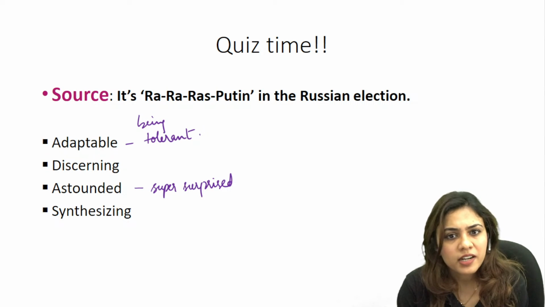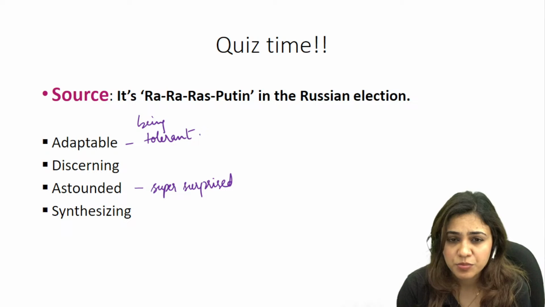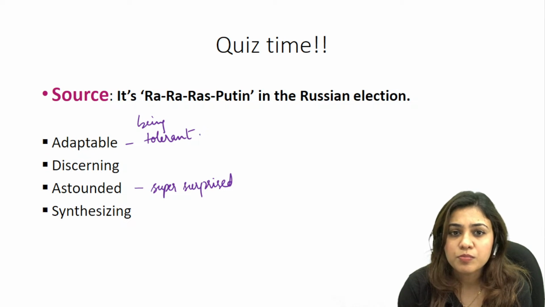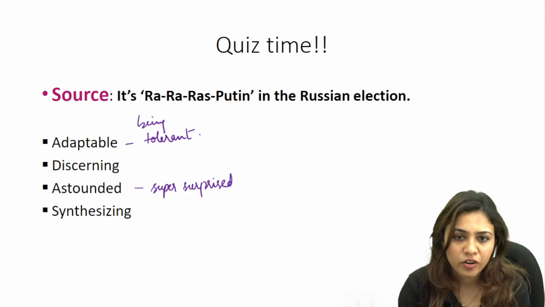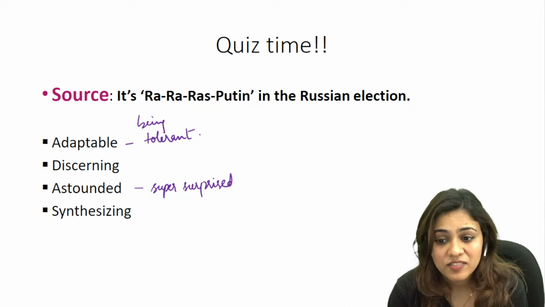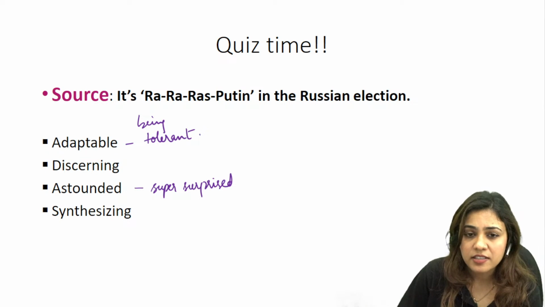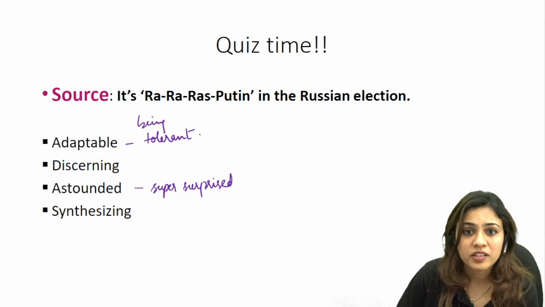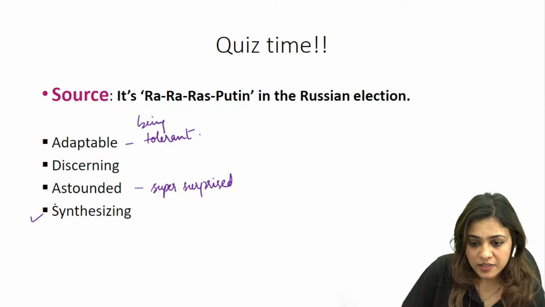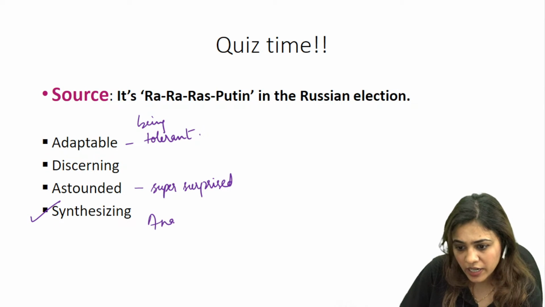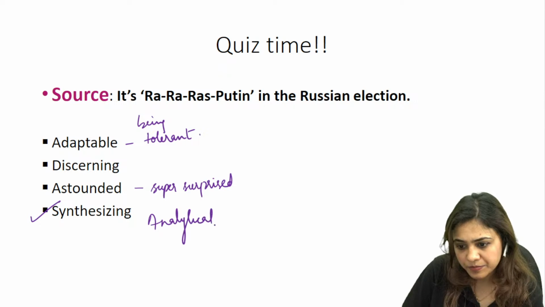So आपको बहुत सारे different tones दिखेंगी एक passage में. But the tone which is most dominant is basically your answer. ठीक है? So the answer is actually synthesizing, which is analytical, because we get to know about the positive sides and the negative sides of Putin government. And that's why the answer is synthesizing. This stands for analytical.